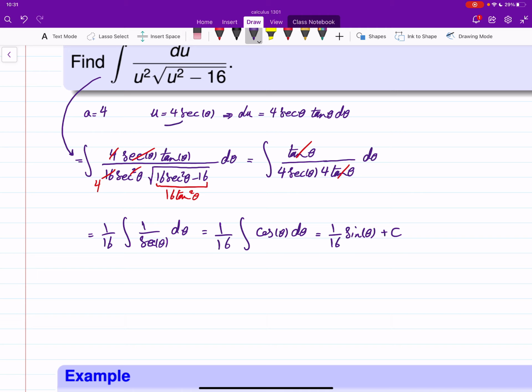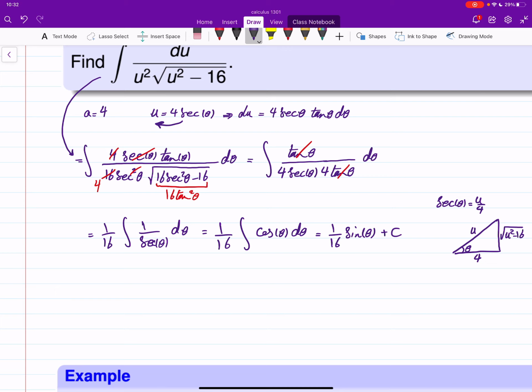We have to put back our original variable. Here you notice that secant theta is u over 4. So if I have a reference triangle for theta, secant is hypotenuse over adjacent, so I can set u to be there and 4 to be there. As a result, the opposite side will be the square root of u squared minus 16.